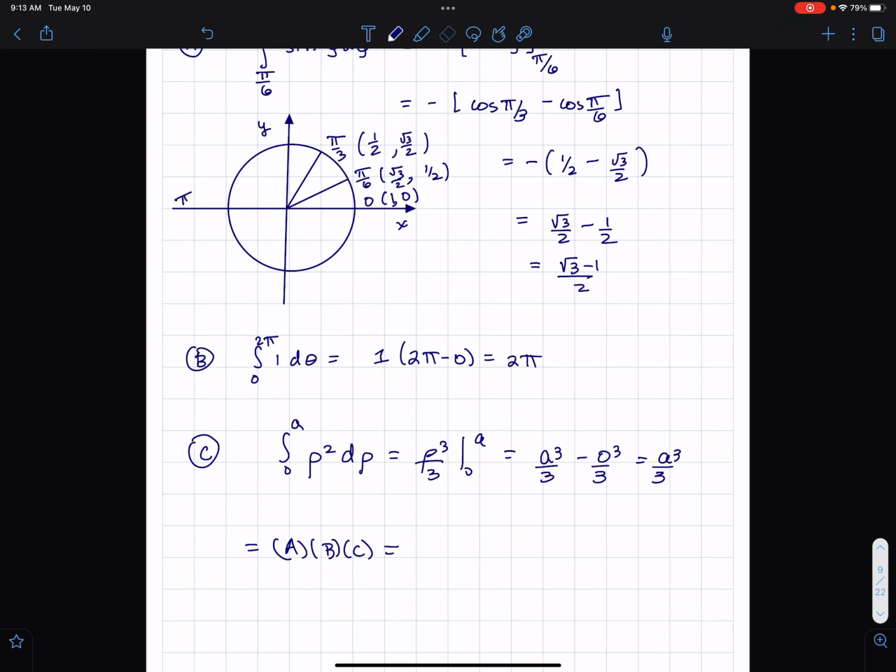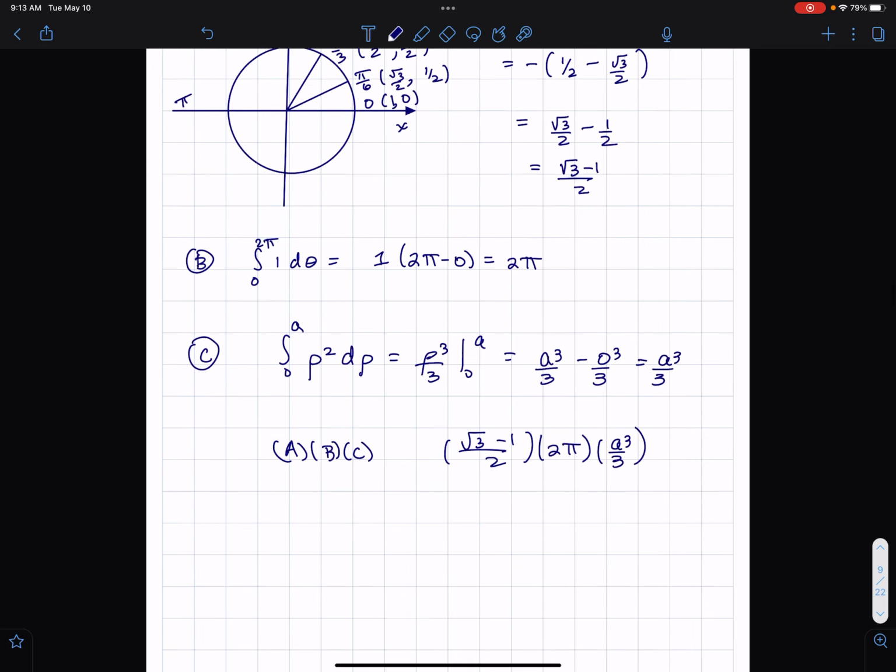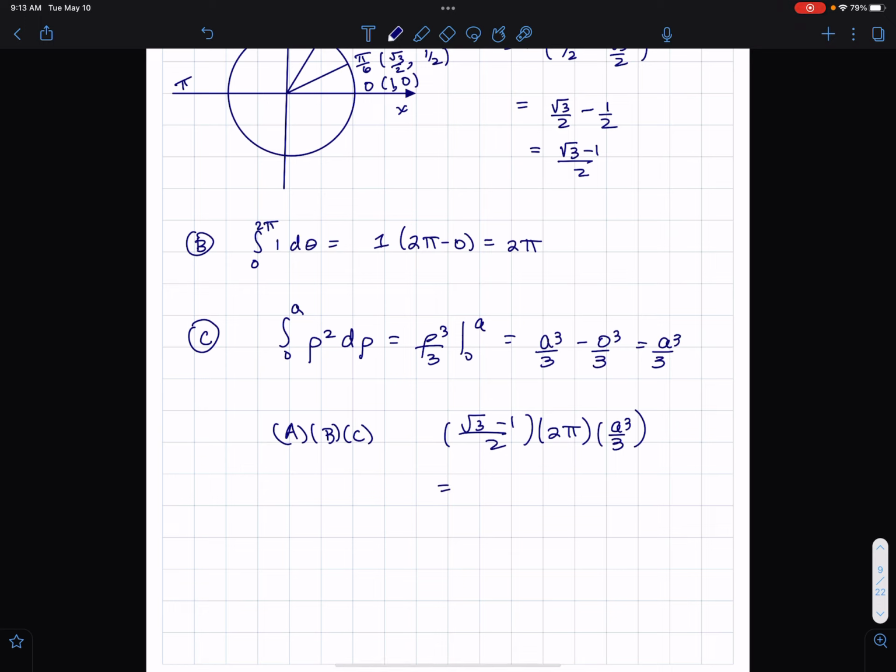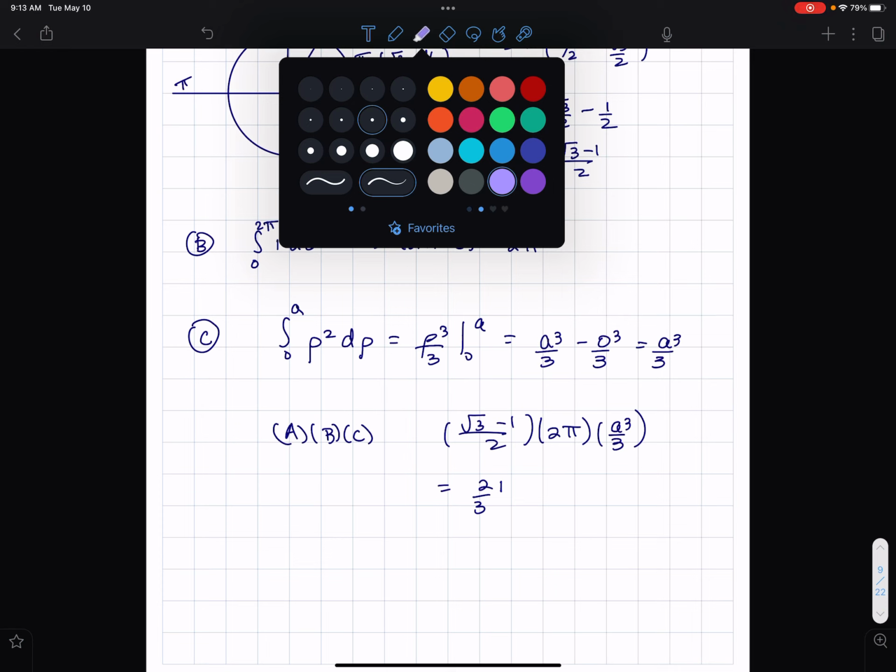My notation's maybe not the very best there, but still, okay. So I have rad 3 minus 1 over 2 times 2 pi times a to the third over 3. Did anybody look that up by any chance? How did they write it exactly? Well, cancel the 2, and you're left with, yeah, the 2s cancel.